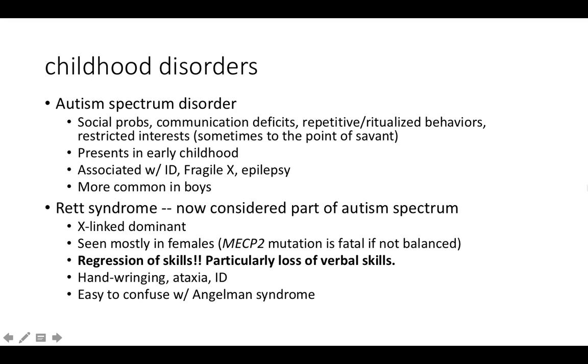On a question stem, you're going to pick up on Rett syndrome because they're going to mention regression of skills. It's going to be a little girl, probably 1 or 2 years old, who initially started talking, but then just stopped talking altogether, and that's Rett syndrome. Other common features are that these kids will do this hand-wringing behavior. They'll be ataxic. They might walk late, and they also have intellectual disability.